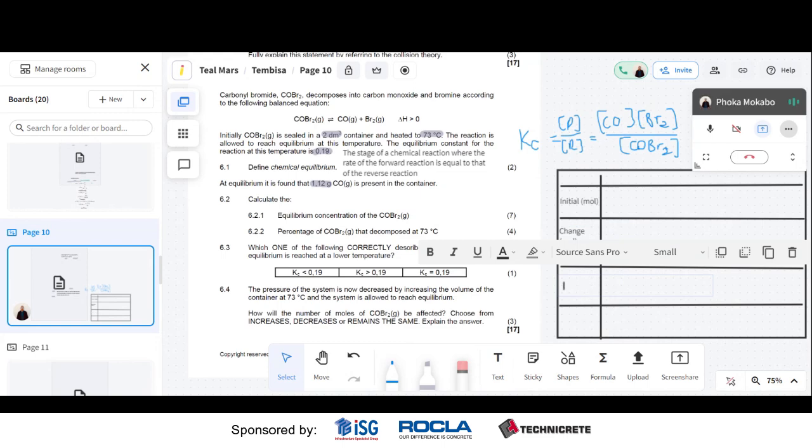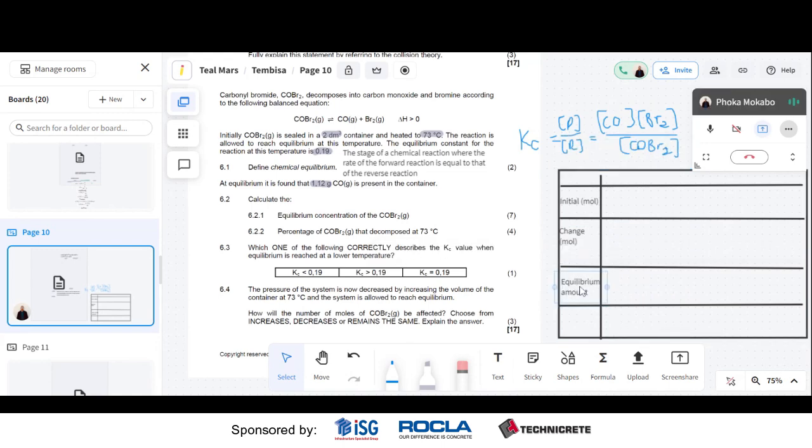Yeah, let's call this our equilibrium amount. This will also be in moles, right?